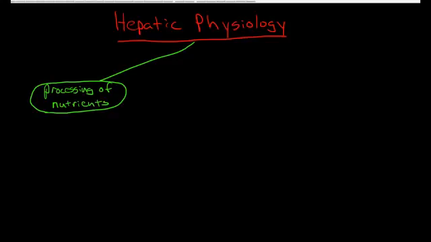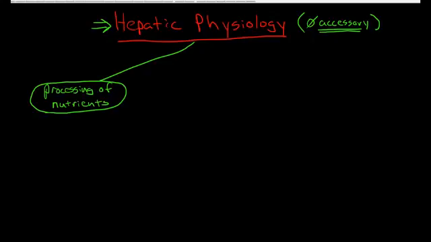And when we talk about the other two functions, you'll understand this as well. It's not an accessory organ. An accessory organ would be like the spleen could be an accessory organ to the hematologic system, and I would be fine with the term accessory there, because you can live without a spleen. You can't live without the liver.